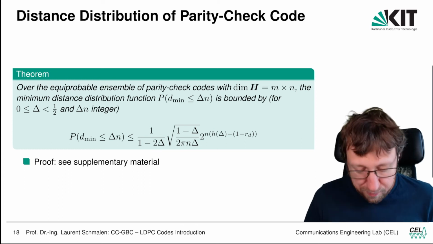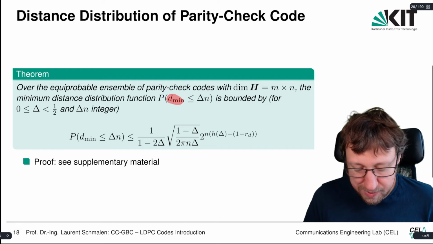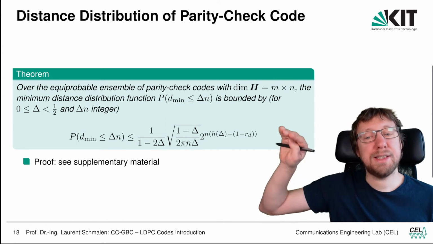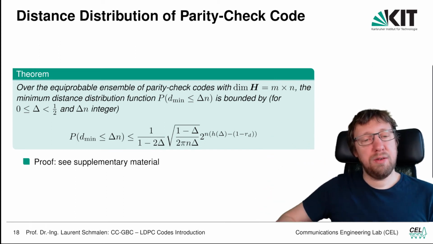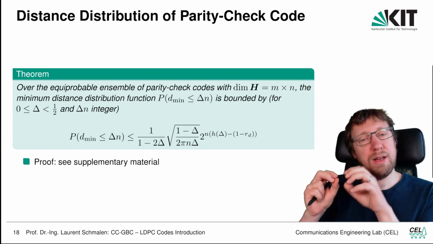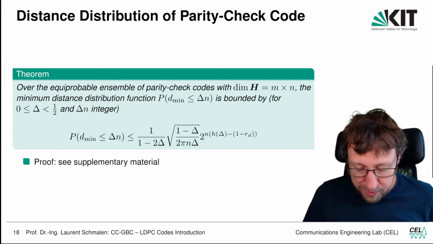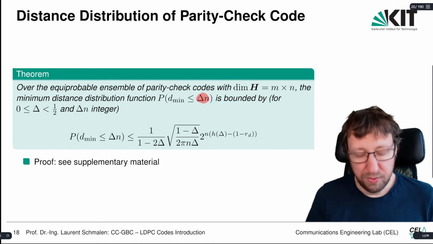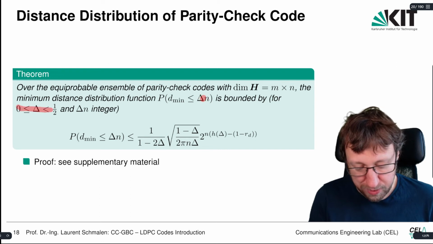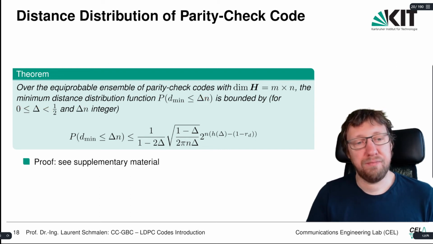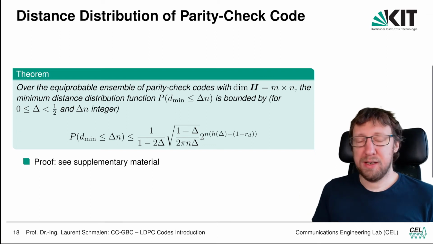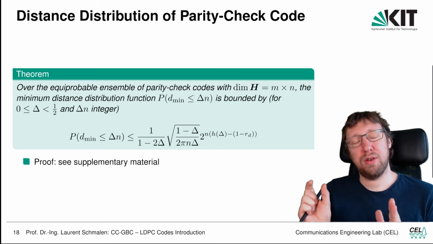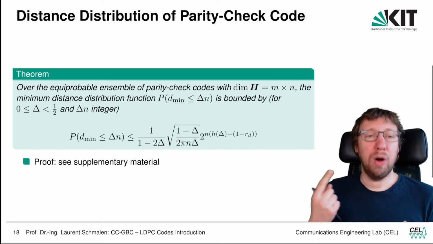So looking at the probability that the minimum distance is smaller or equal than some constant, just as in a CDF type of argument. What is the probability that the minimum distance is below a certain constant? And we assume that this constant is a factor of n. So delta is a number between 0 and 1/2, and delta n is an integer. Why 1/2? Because it doesn't make sense to have a minimum distance bigger than half the length of the code, because then we will just end up with one code word.